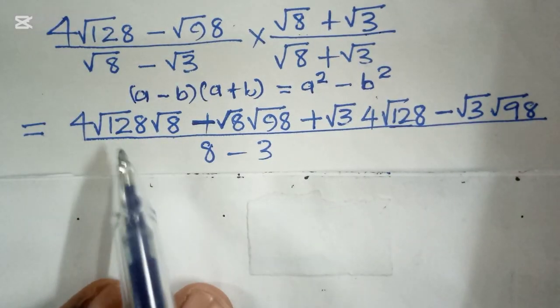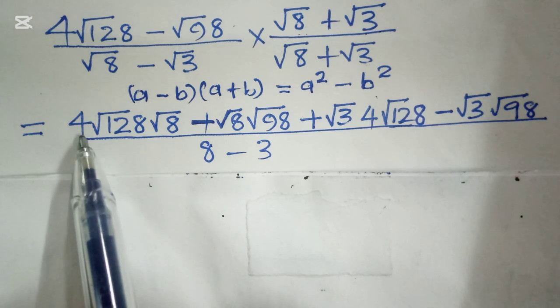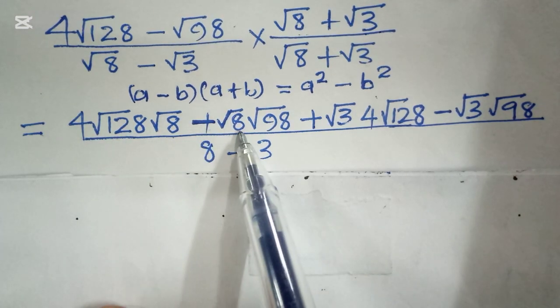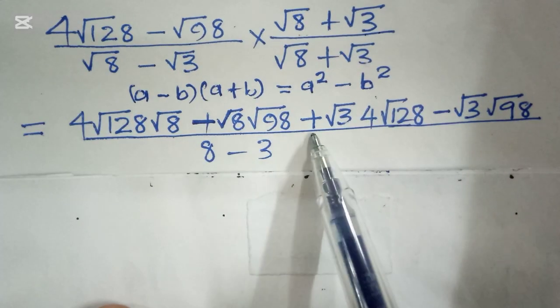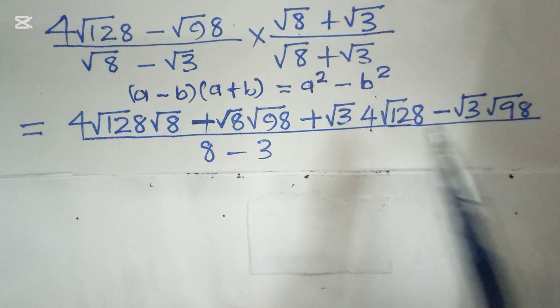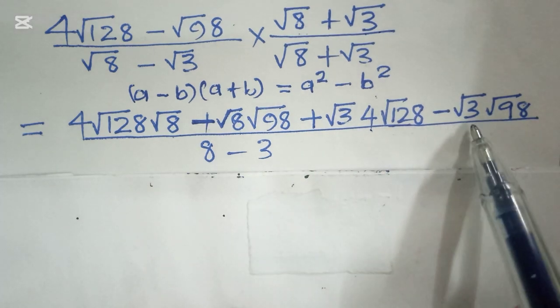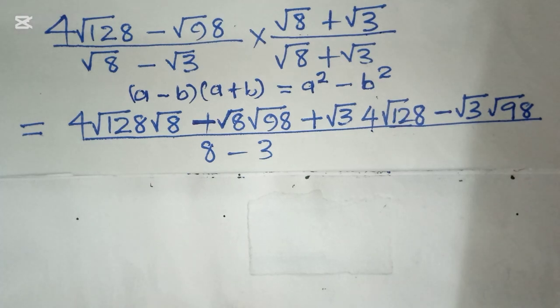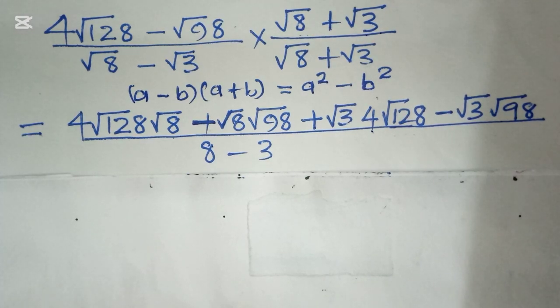And this is what we are getting. That is 4 square root of 128 times square root of 8 minus square root of 8 times square root of 98 plus square root of 3 multiplied by 4 square root of 128 minus square root of 3 times square root of 98. And we go ahead from there.